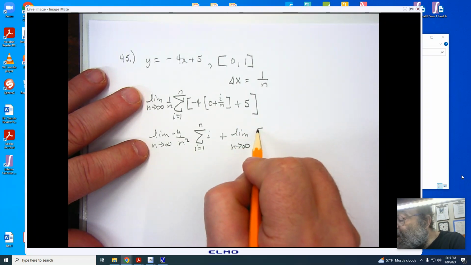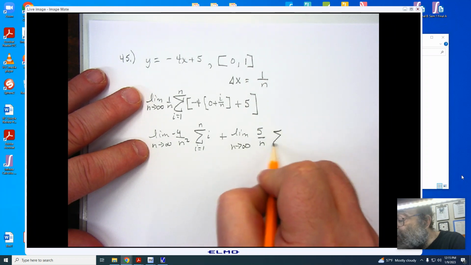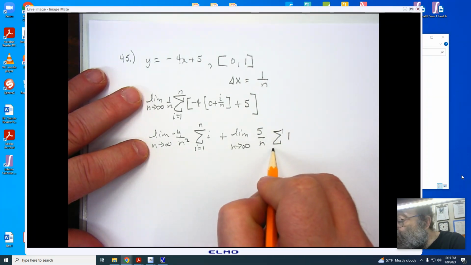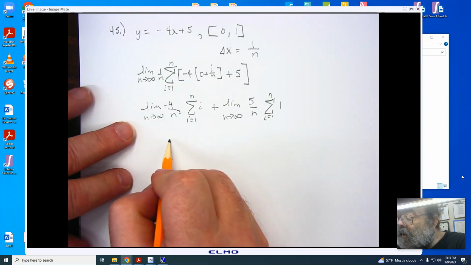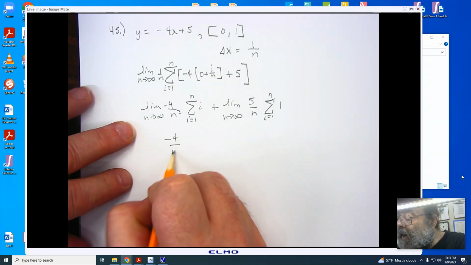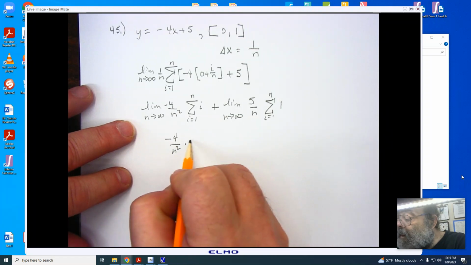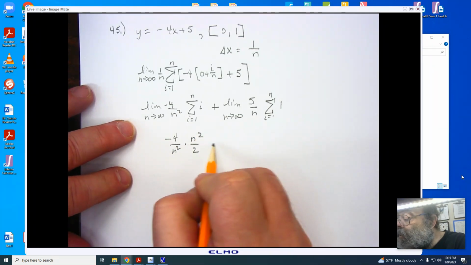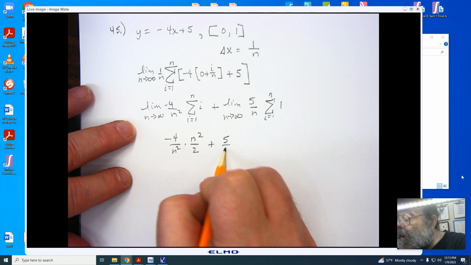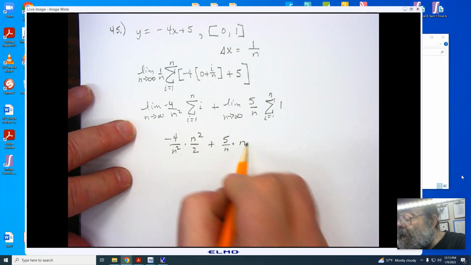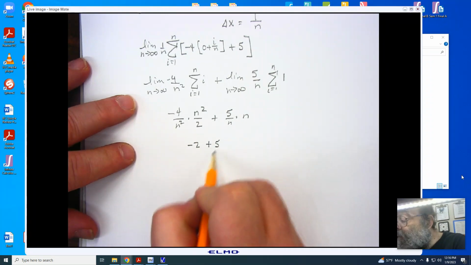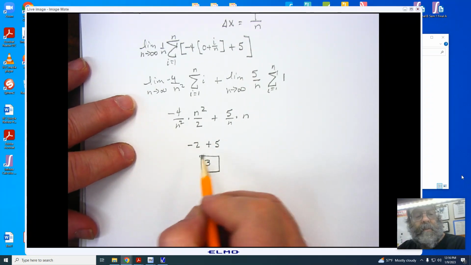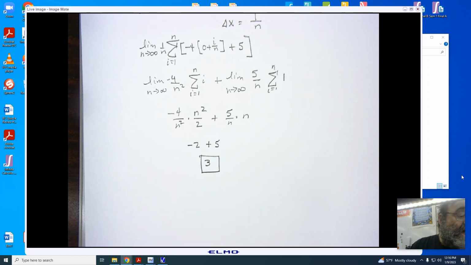I'm looking at 5 over n times the summation of 1, i goes from 1 to n. This then gives me negative 4 over n squared multiplied by n squared over 2, plus 5 over n times n. I get negative 2 plus 5, and my answer is 3. So for number 45, I end up getting 3 again.